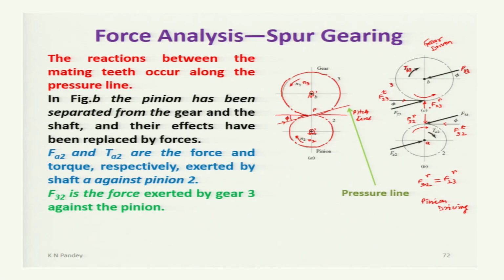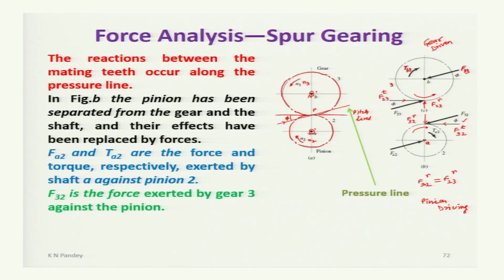Now if we see the tangential component and the radial component, then this tangential component is mainly responsible for rotation of the pinion or the gear.